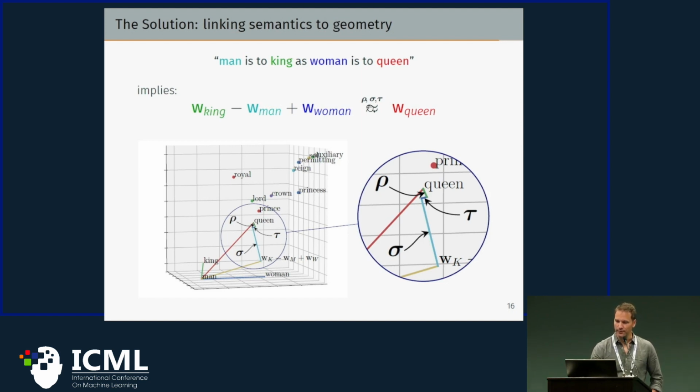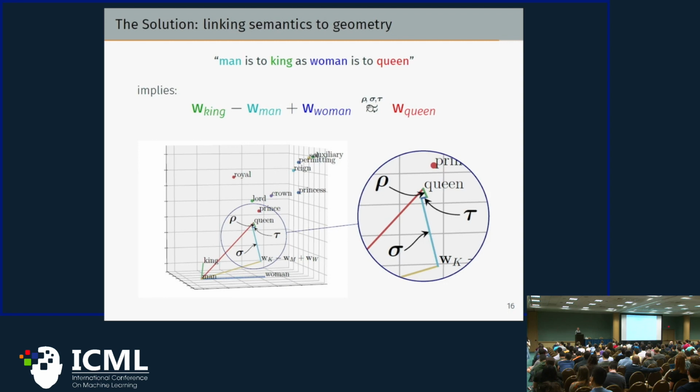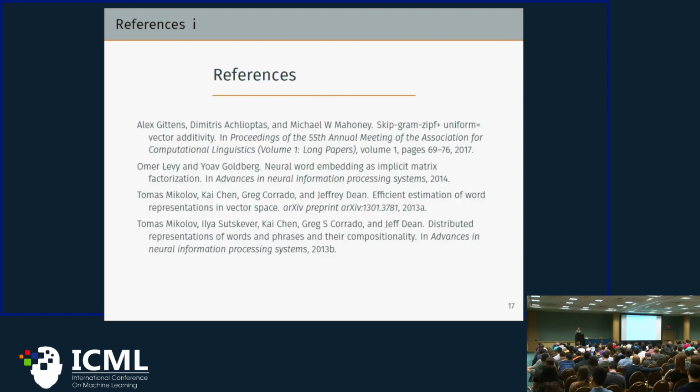And because those error terms are smallest for queen, because of all the steps in the argument, queen is then necessarily the closest word embedding to the point we're looking for from the linear combination. And that concludes the proof.